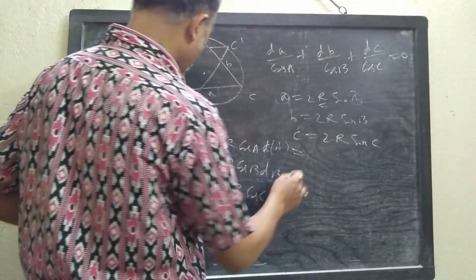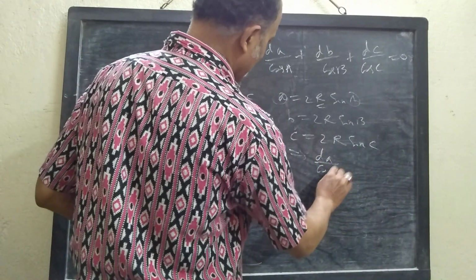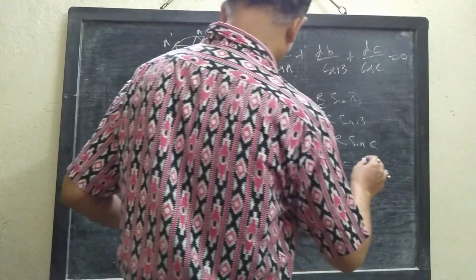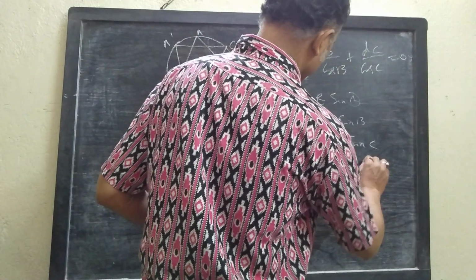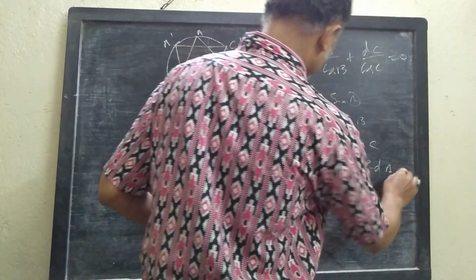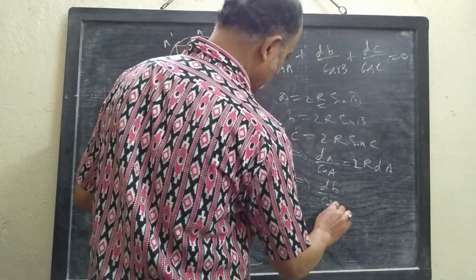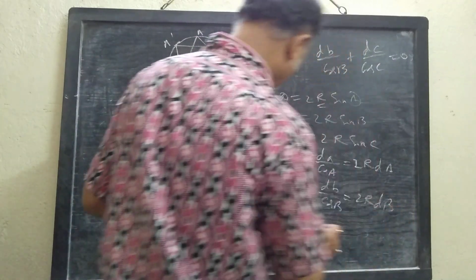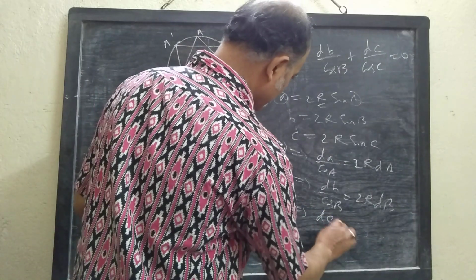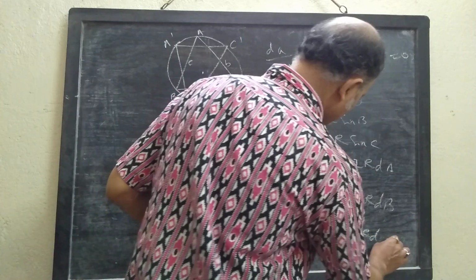So from the first step you can write da/cos A = 2r dA. From the second step you get db/cos B = 2r dB. From the third step, dc/cos C = 2r dC.